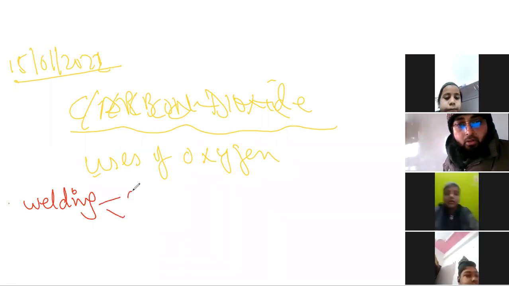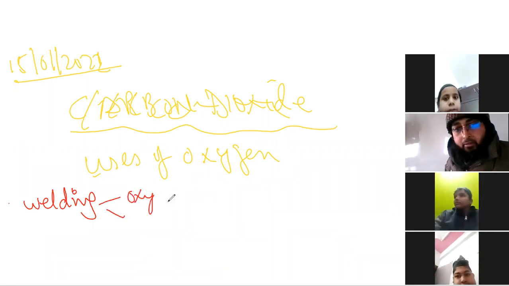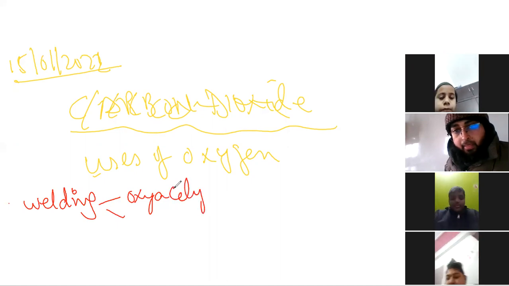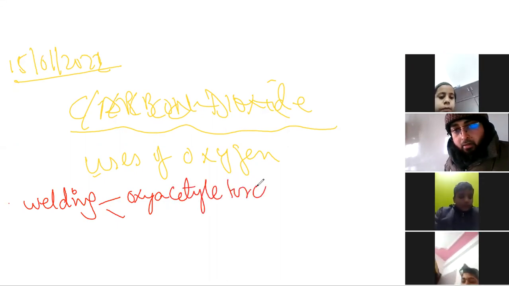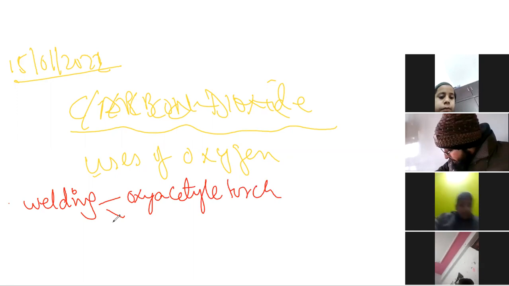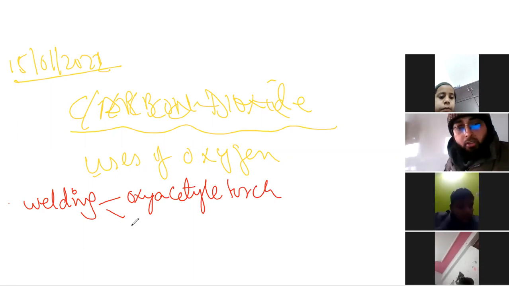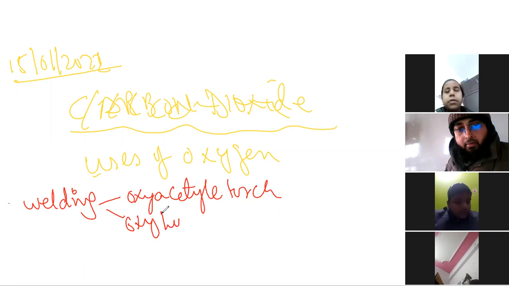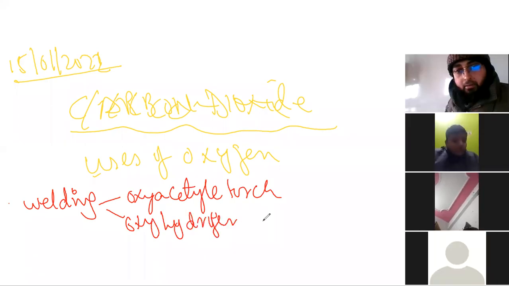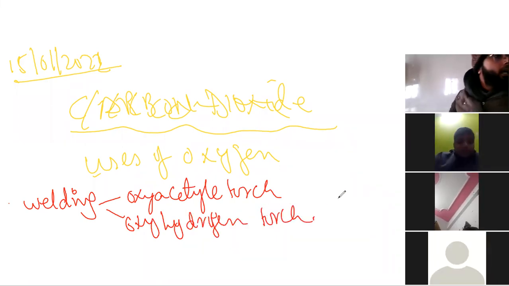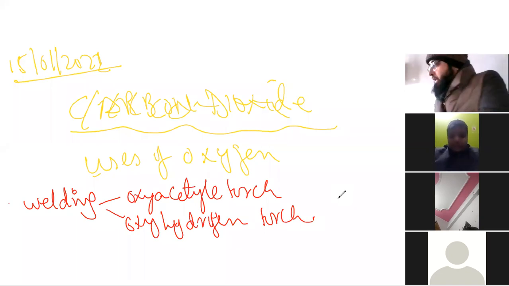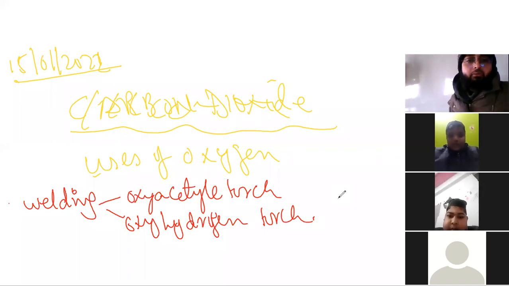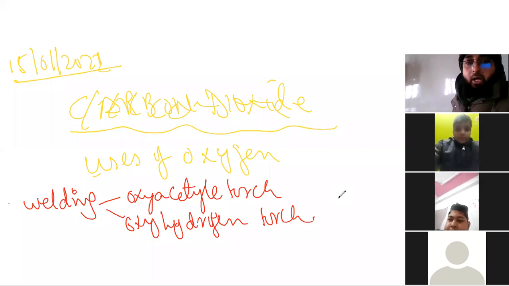See, oxyacetylene torch. And another one is oxyhydrogen torch. Is it clear, beta? These are the two types of welding where we use it. In one we mix oxygen with acetylene, and in the other we mix it with hydrogen.